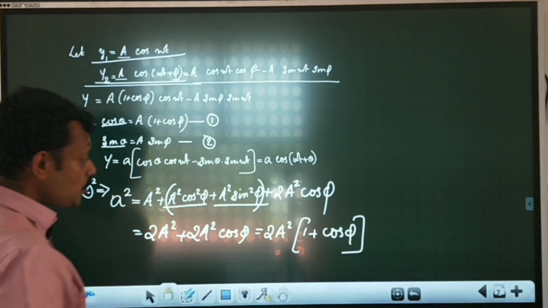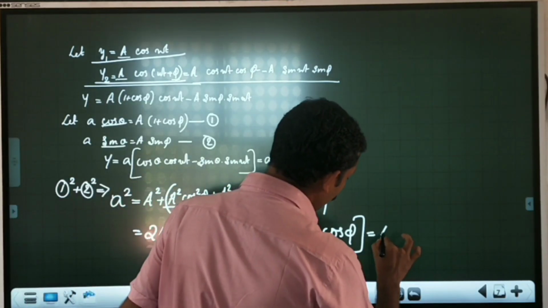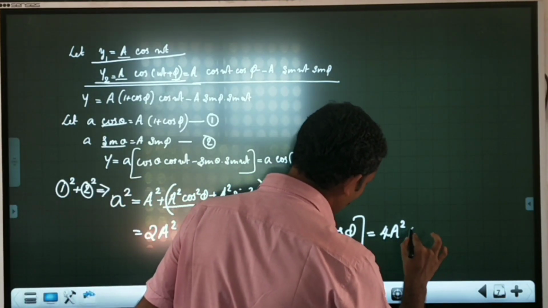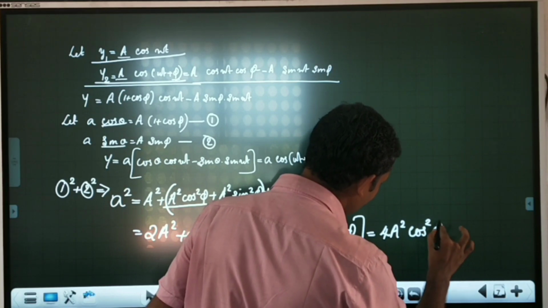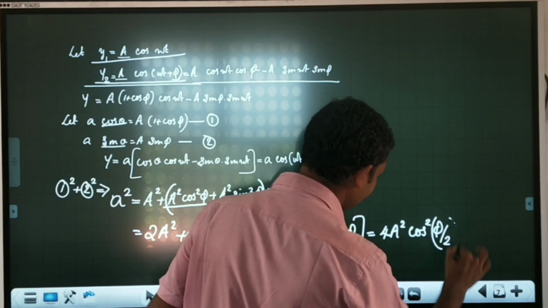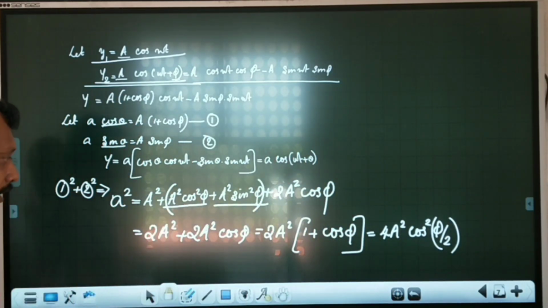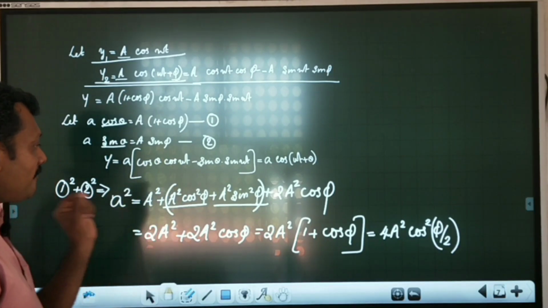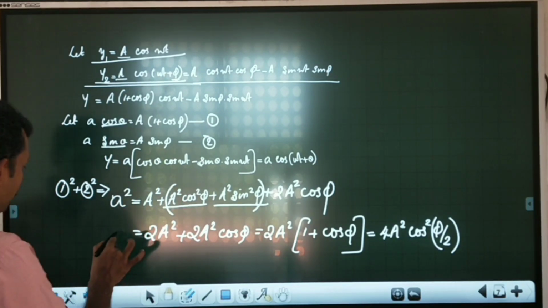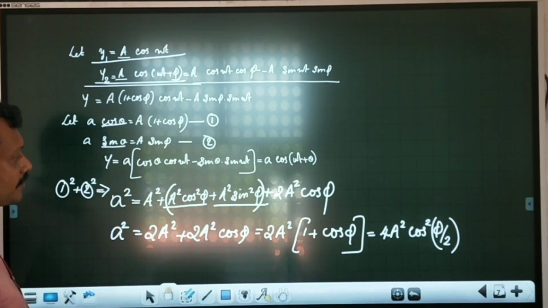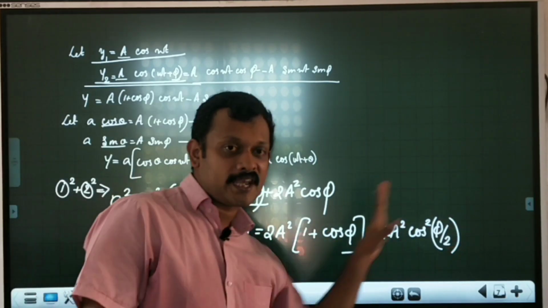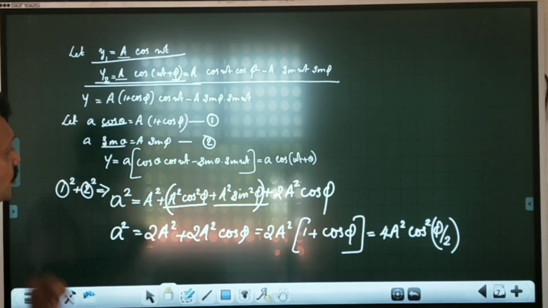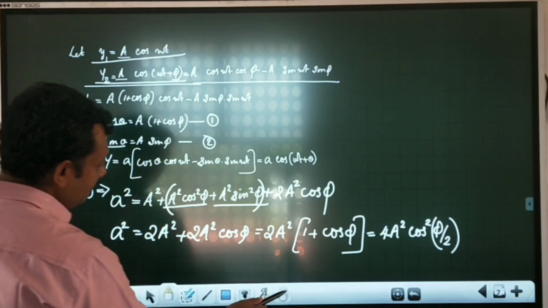What is 1 plus cos phi? This is 2 cos square phi by 2. So small a square is equal to 4 capital A square cos square phi divided by 2.